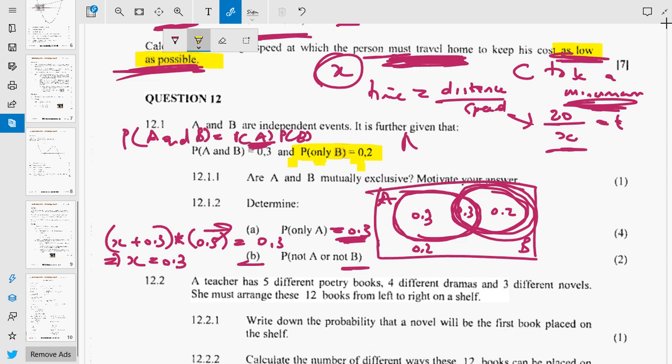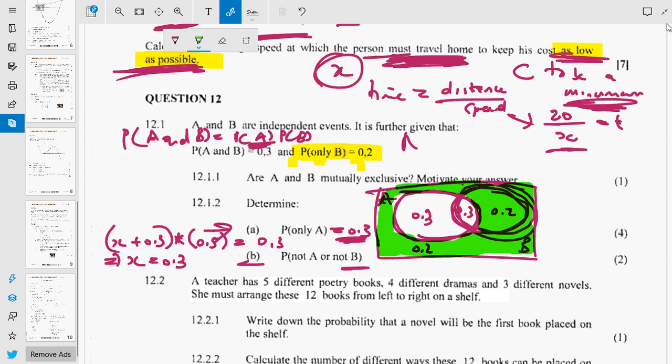Now they are saying not A. That means you're going to shade everything that is not A, and there I'm shading it. Right.